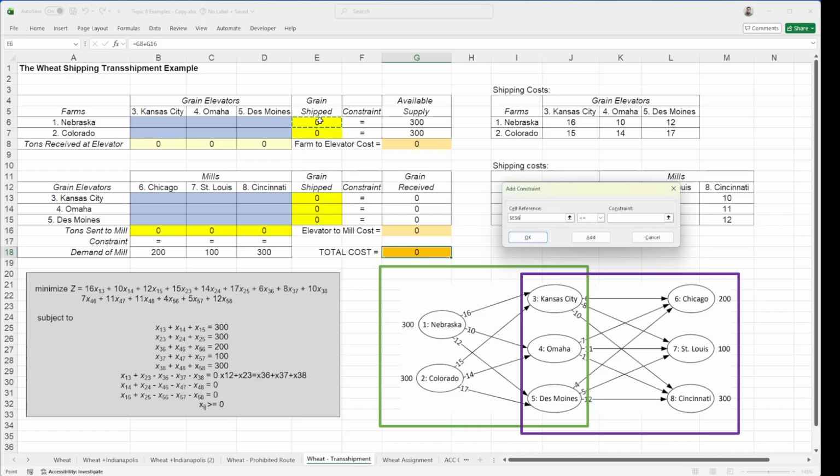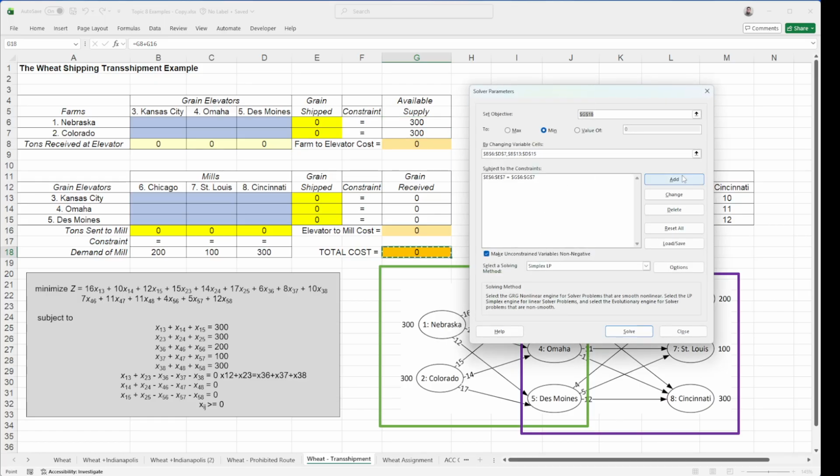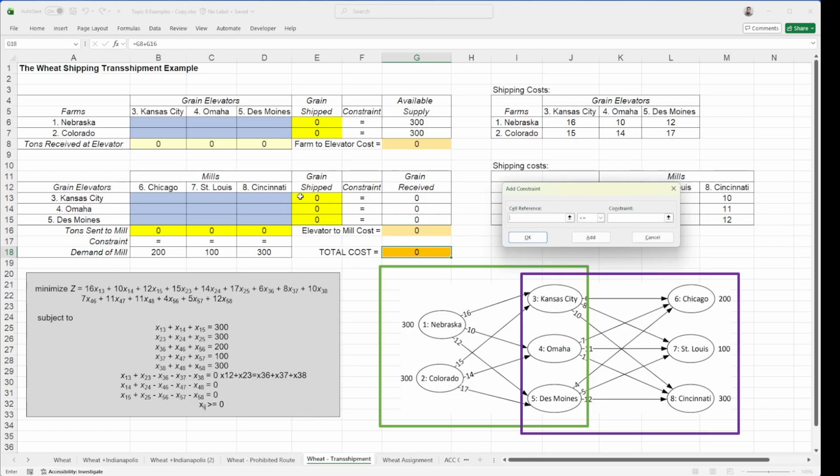Constraints: first of all, these 2 should be equal to 300, which are in column G. These are the supply constraints, and we also have the customer constraint. These three cells should be equal to 200, 100, and 300. And lastly, we have the transshipment node constraint.